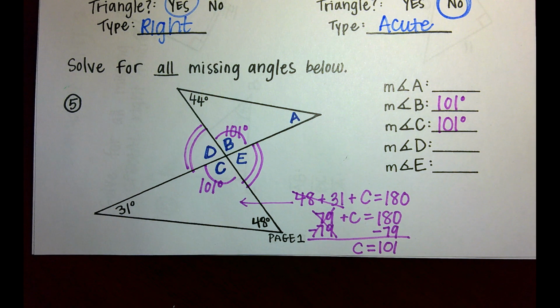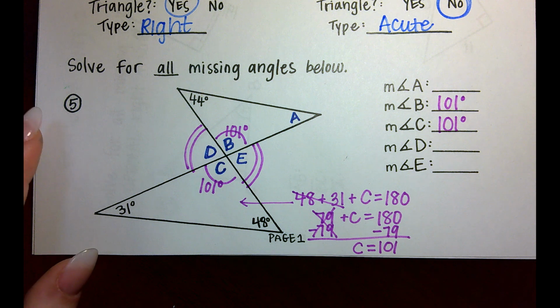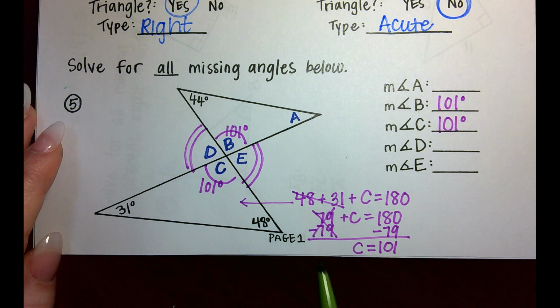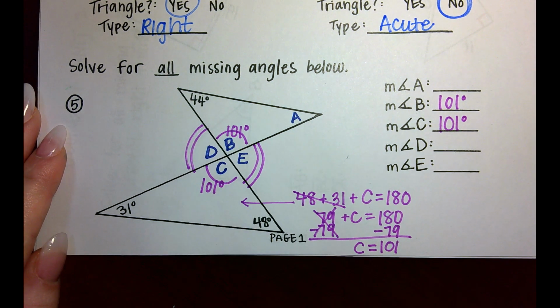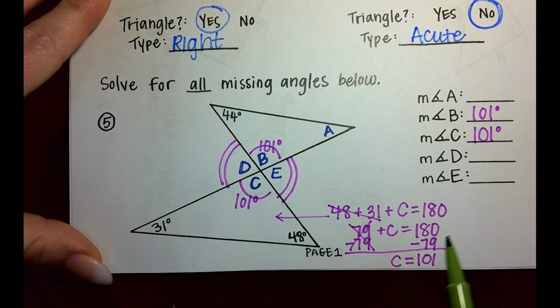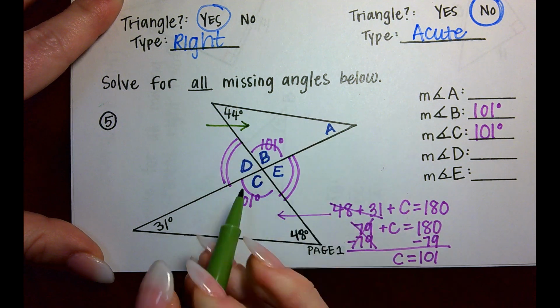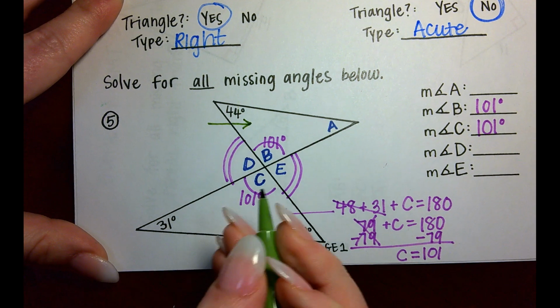I'm going to switch colors just so that my work doesn't get jumbled. Okay, how could we solve for angle A? Add 101 and 44 together. Subtract it from 180. Yes, perfect. Same thing we did here. I know these three are going to add up to 180.